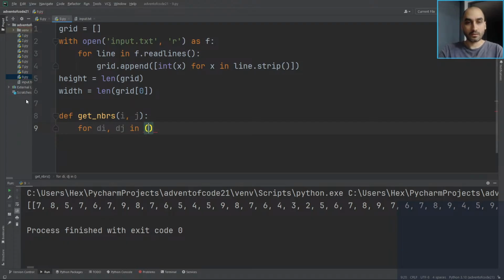It's going to be -1, 0, 1, 0, 0, -1, 0, 1.